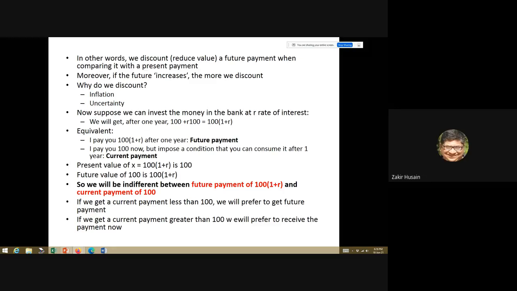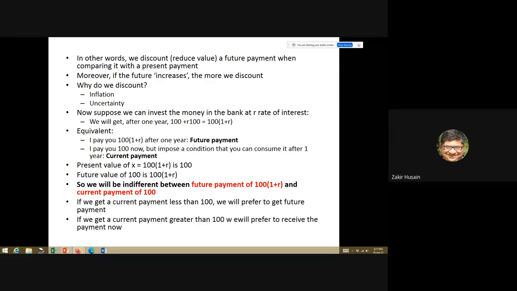Okay, so what I'm saying is that if I promise you 110 in the future after 1 year, and you want to compare it with a current payment of 100 rupees, you will not say 100 and 110. You will reduce the value of the future payment.